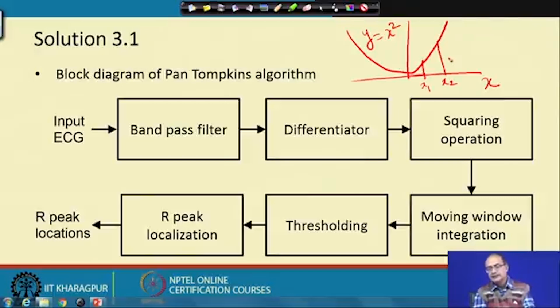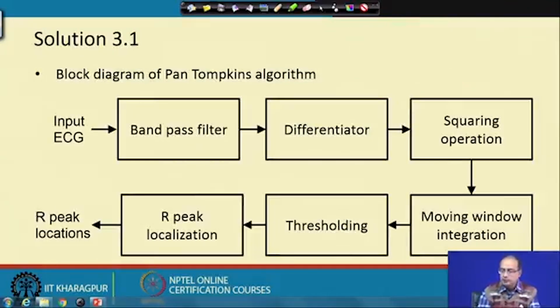That is the beauty of the squaring operation. We actually want to get wide separation of the high peaks from the small peaks. So, that job is also helped by the squaring operation.